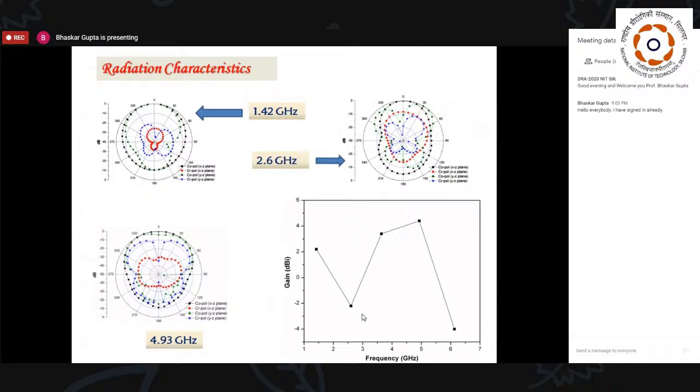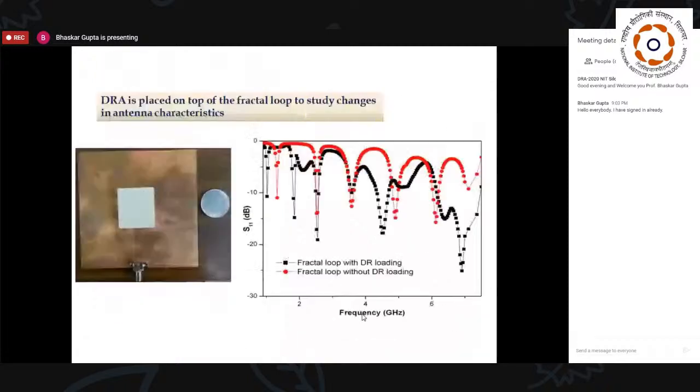Gain, of course, obviously, is not that high for this particular antenna, but I believe for applications like Wi-Fi nodes, like connected to WLAN, or for imaging applications, it is good enough gain.